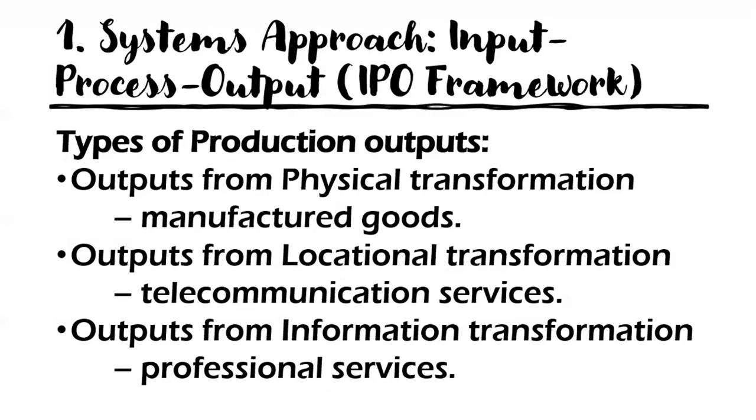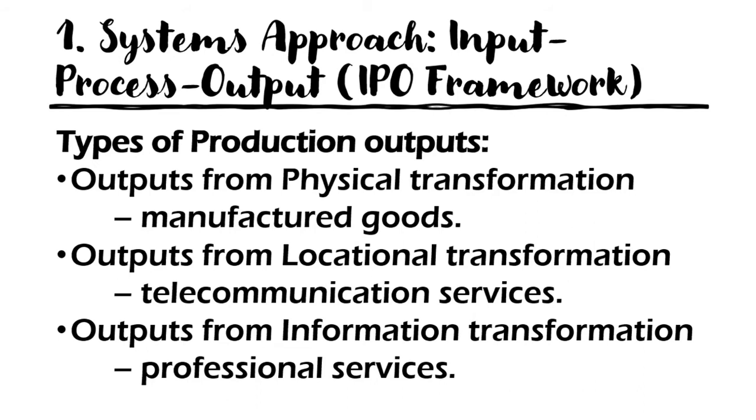Okay? Ano pa ba ang mga dumadaan sa manufacturing process, yung mga ganitong laptop, computer, cellphone, yan dumadaan yan sa manufacturing, even cars, basta anything na dumaan sa manufacturing process, yun yung mga outputs from physical transformation.